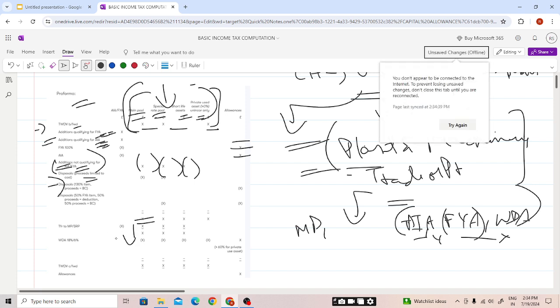On this figure, we'll be calculating the WDA. This transfer to main or special pool will be covered further. This will come under the case of short life asset. Then on the balance amount we will be calculating the WDA. See students, the brought forward value plus any additions plus disposal, this is the value of the asset.